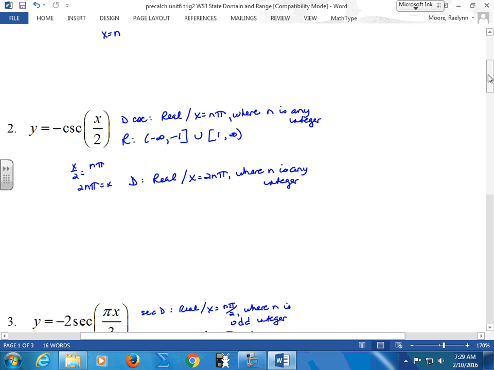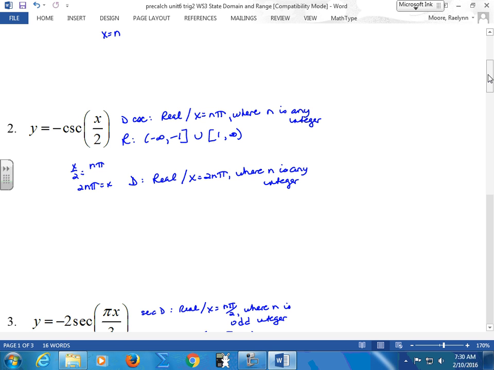So number 2, we start with the cosecant. Cosecant says real except where x is equal to n pi, where n is any integer. Set them equal. You don't care about a reflection or anything else. All you care about is the domain. And set them equal.